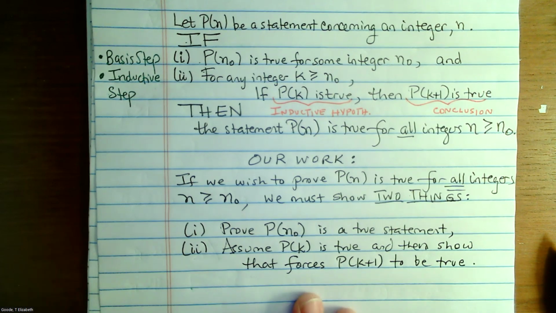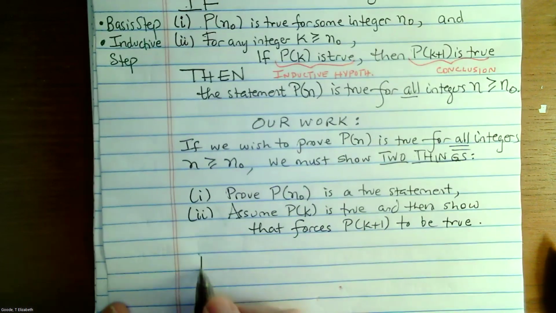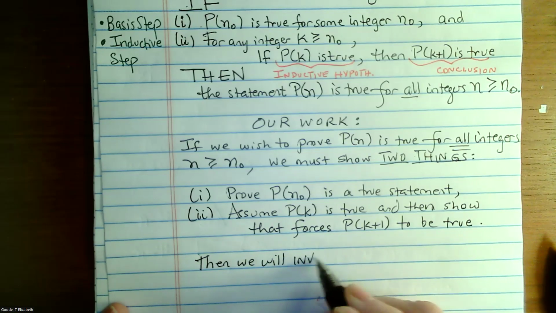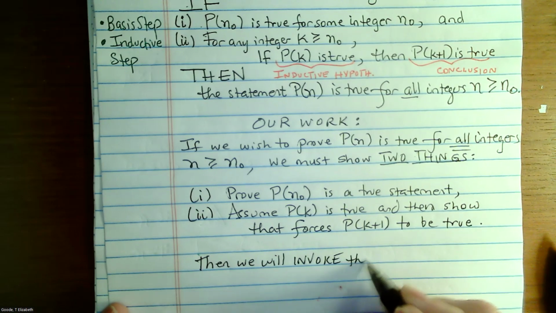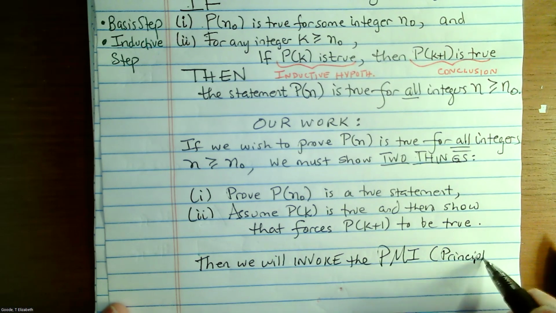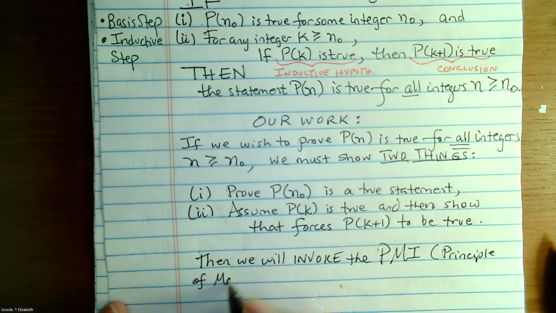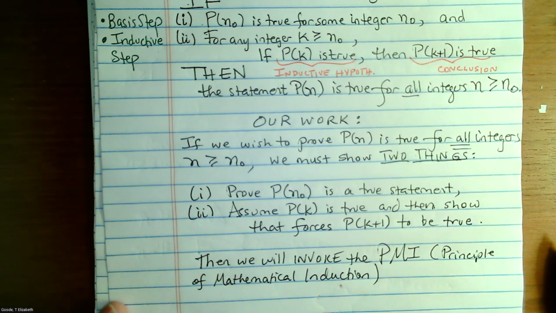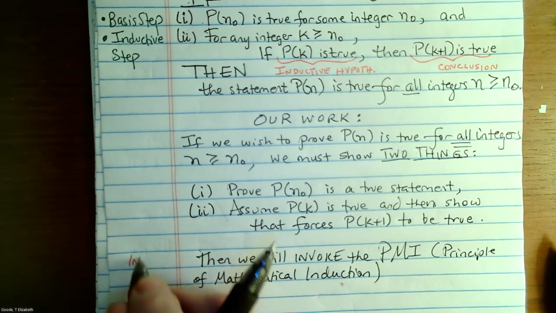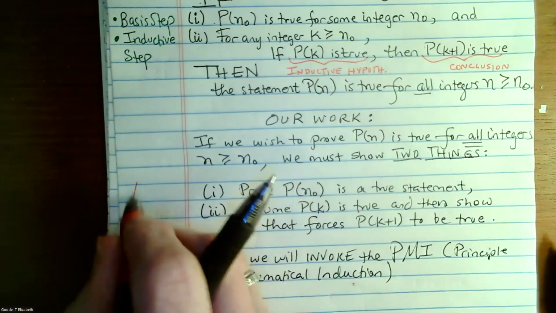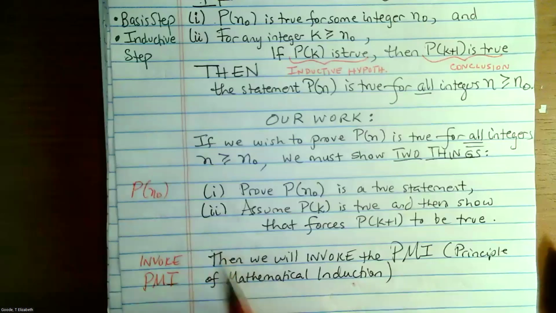So when we do this work, then we will invoke the PMI. I don't usually like to write out the principle of mathematical induction. It's tedious, right? It's just too many syllables to write over and over again. So we will shorthand it with the PMI. Invoke the PMI. Step one, P of n naught has to be proven.